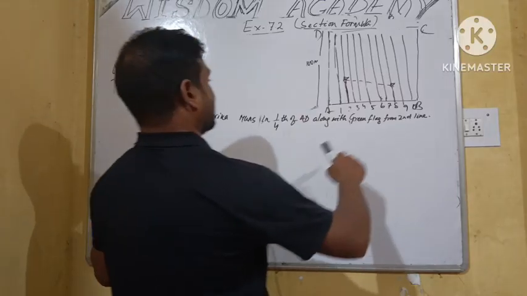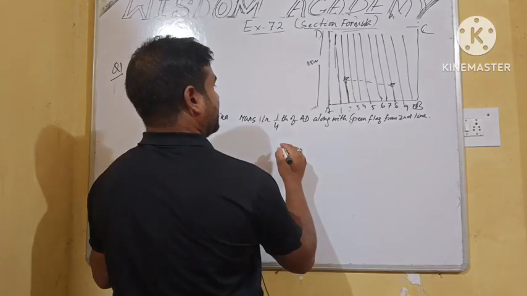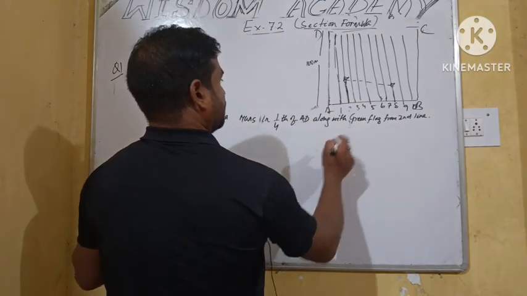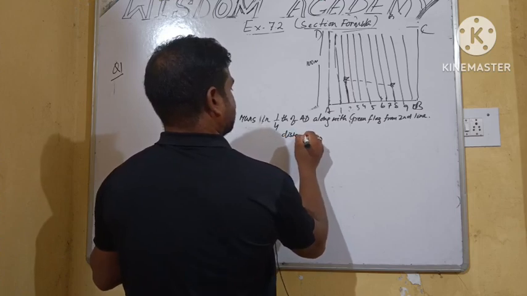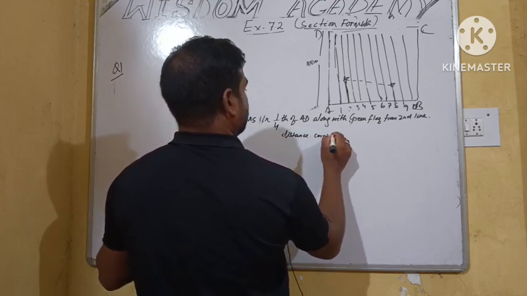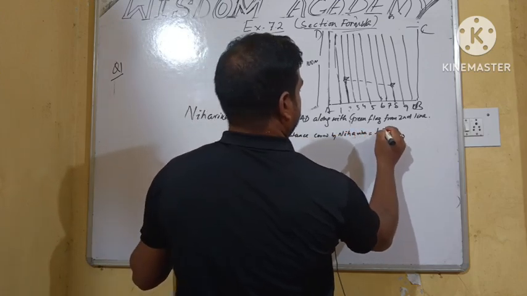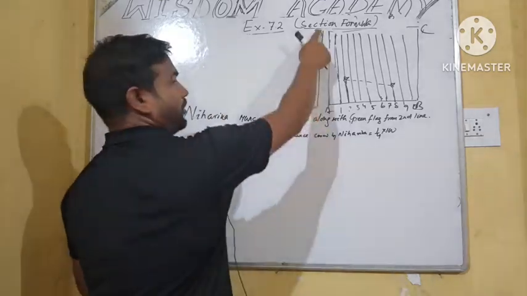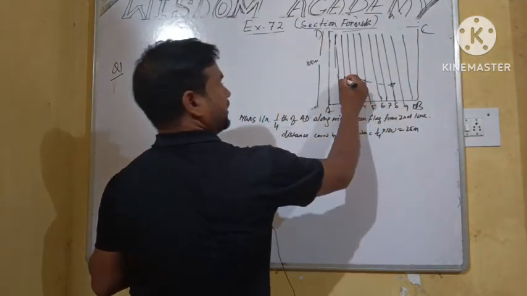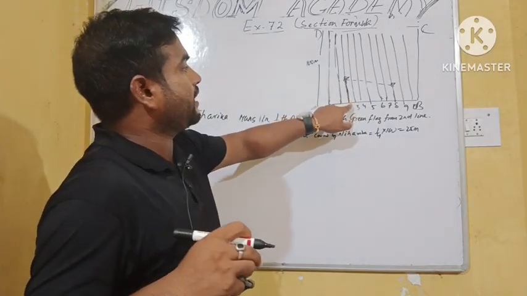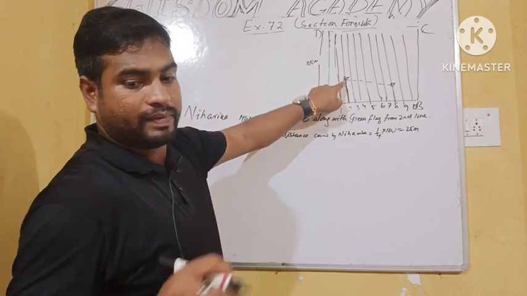Then what distance is covered by Niharika? 1 by 4 into 100, since AD is 100 meter, 25 meter. The distance covered by Niharika is 25 meter.